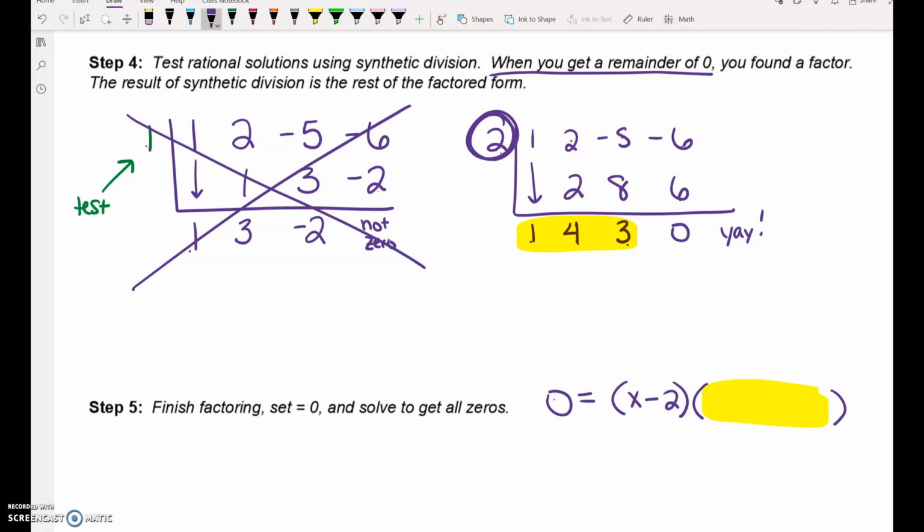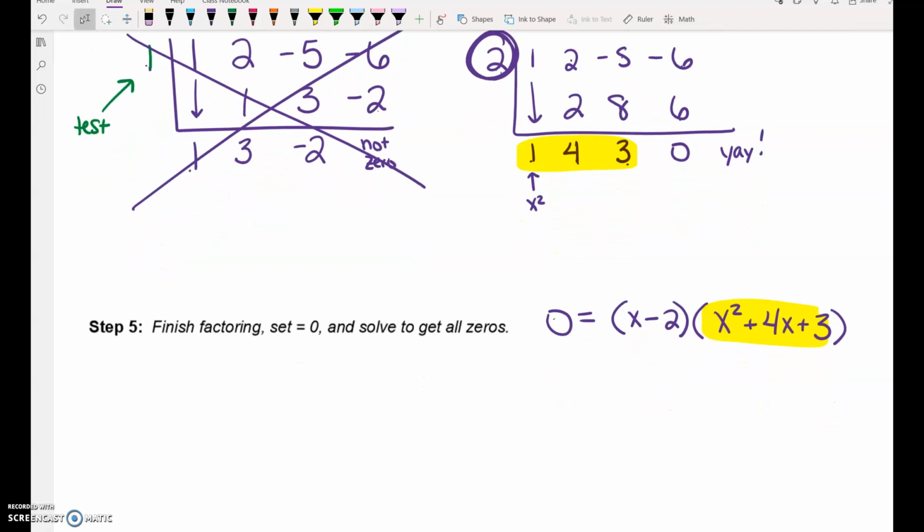So we started with x cubed. We already got one of the x's out. So now this is going to be an x squared term. So we've got 1x squared plus 4x plus 3.